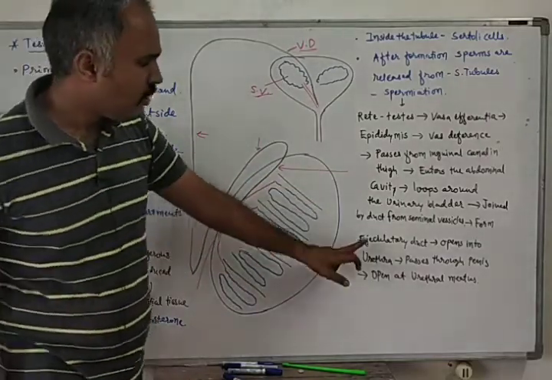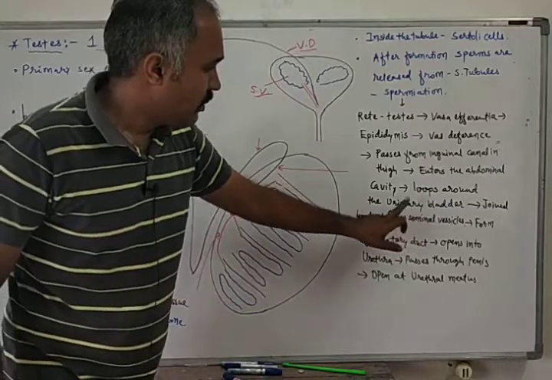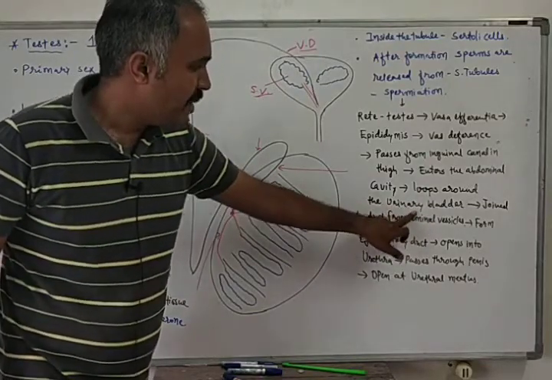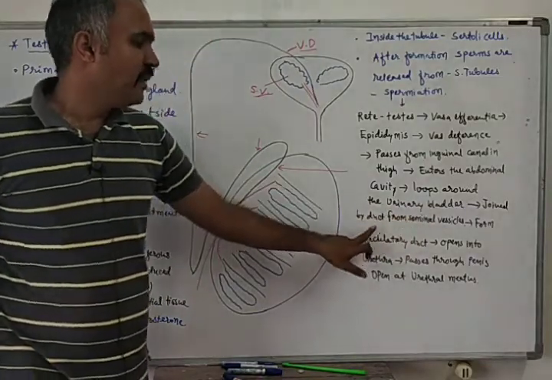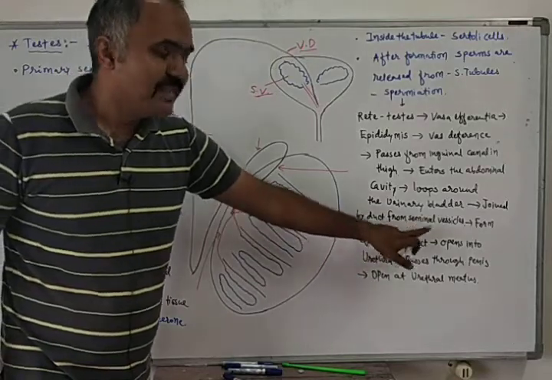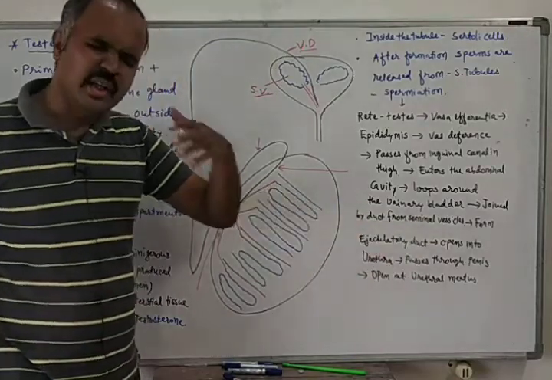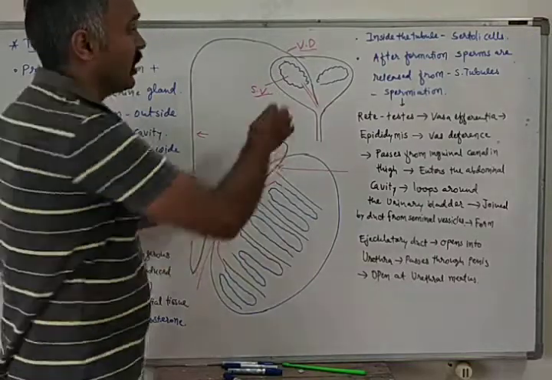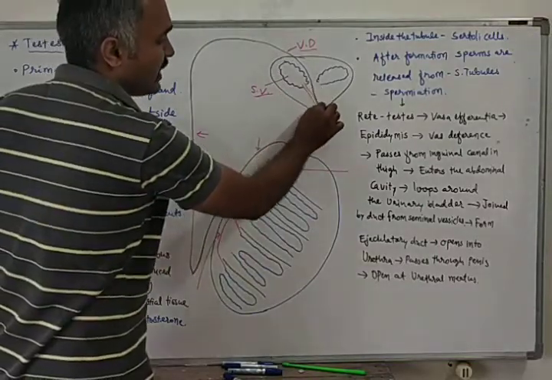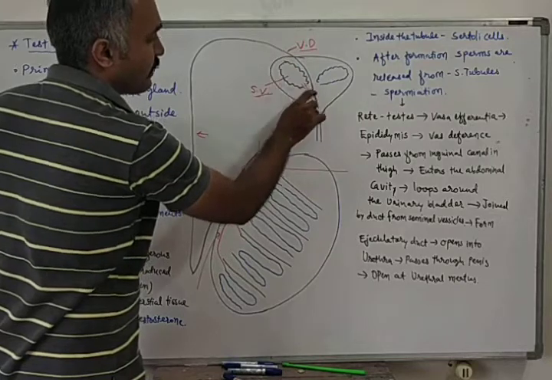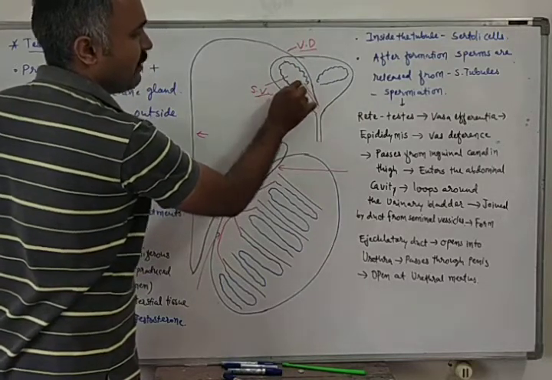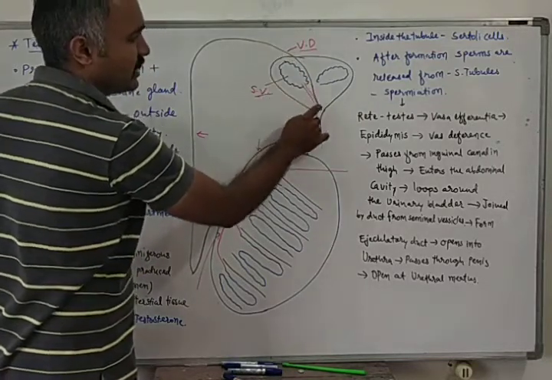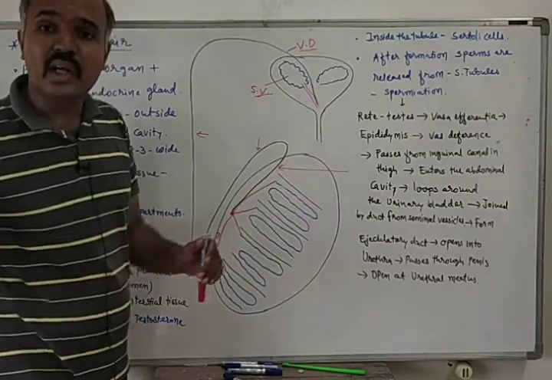So it loops around the urinary bladder, and here it will get joined by a duct coming from the seminal vesicle. The duct that comes from the seminal vesicle joins the vas deferens, and then they will form the ejaculatory duct.